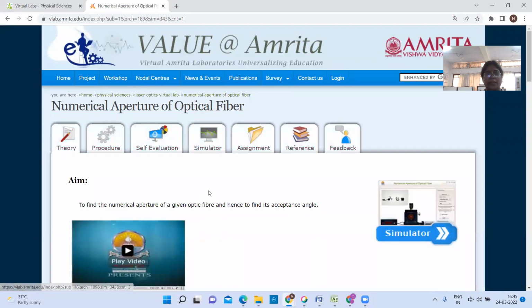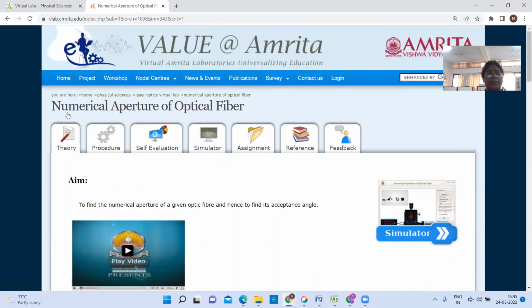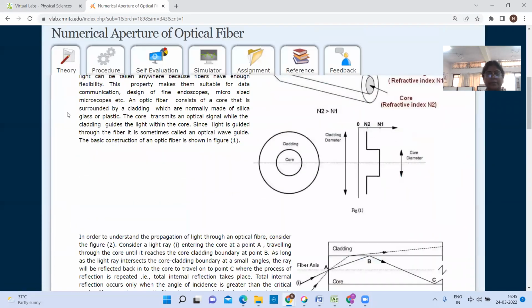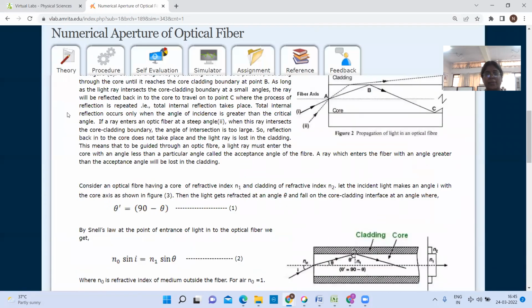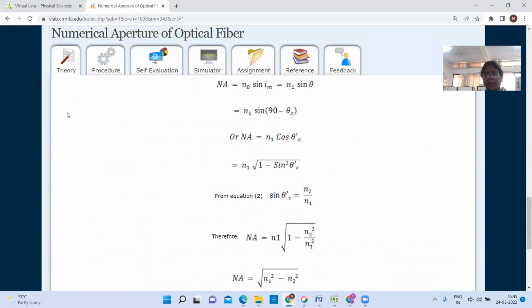Practically we will see, but here they have shown to find the numerical aperture of the given optical fiber and to find its acceptance angle. So it is given here theory part. बघा आता इथे न्यूमरिकल अपर्चर कसं मेजर करायचा, त्यासाठी बॅकग्राऊंडला काय थेअरी गरजेची आहे, that is given.